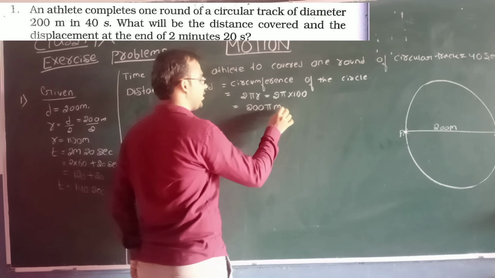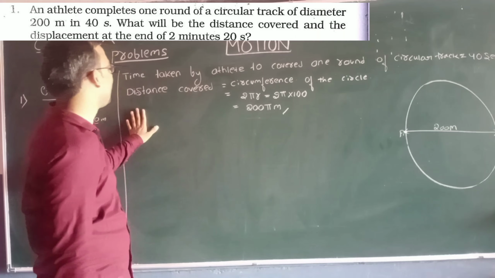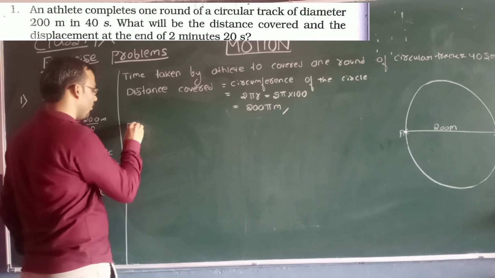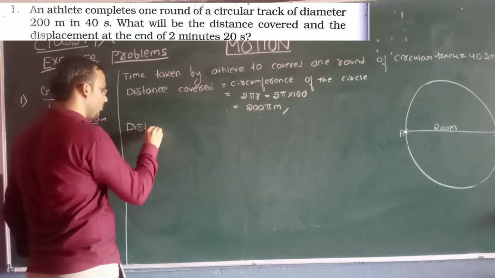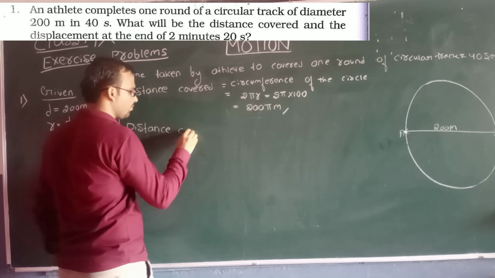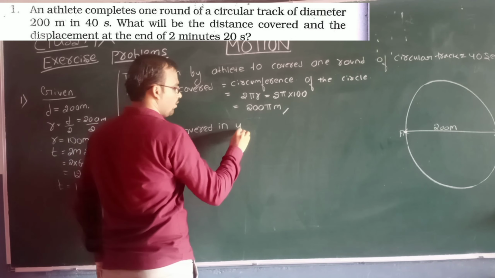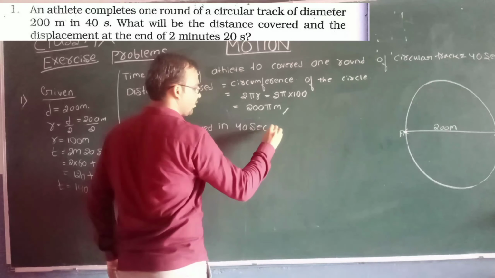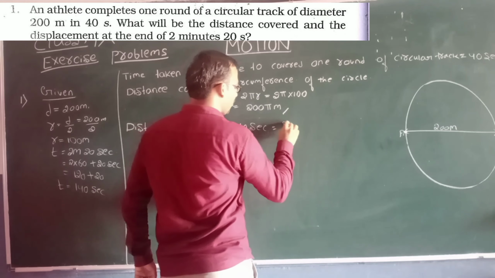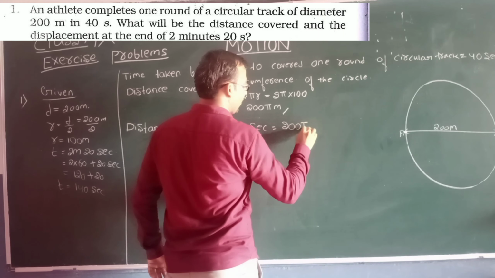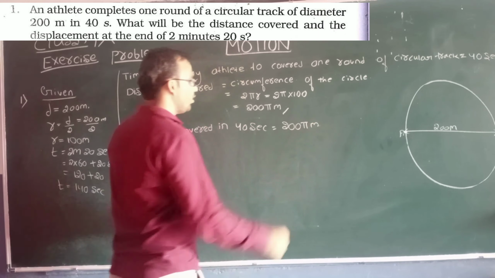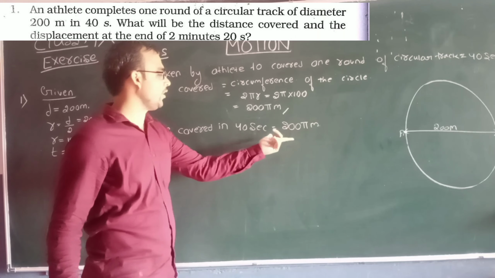We'll keep pi as it is. Therefore you can write distance covered in 40 seconds is equal to 200 pi meter. This is the distance covered by the athlete in 40 seconds.